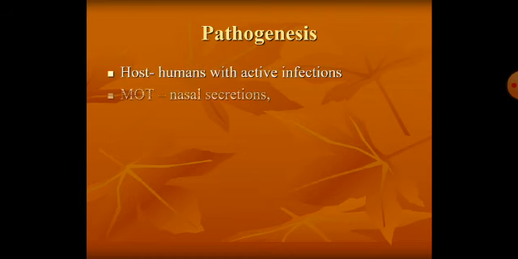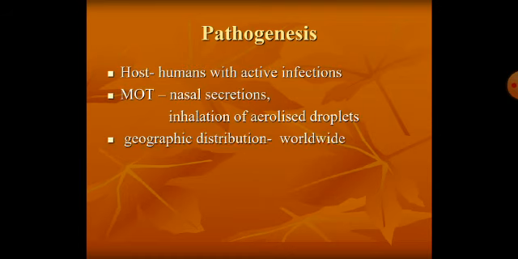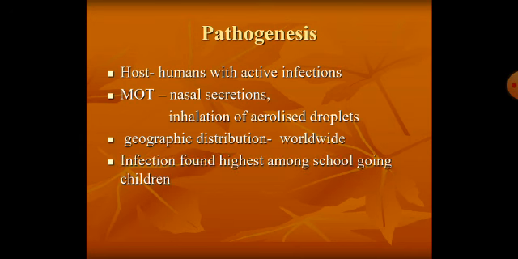Coming to the pathogenesis of mycoplasma, the host is always humans. Mycoplasmas are not known to cause infections among animals. There are species which are classified under different families, which I already showed you in the classification slide.